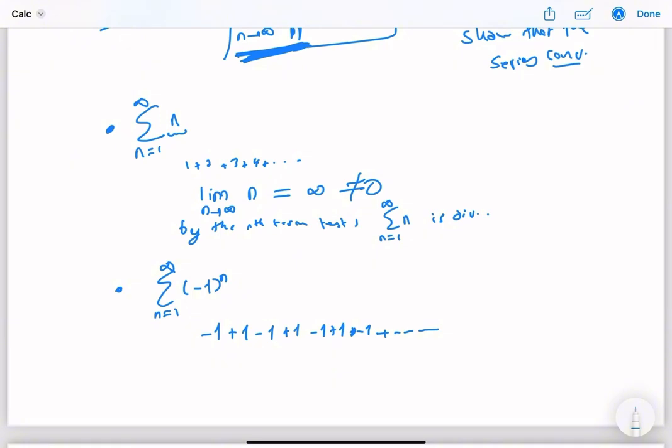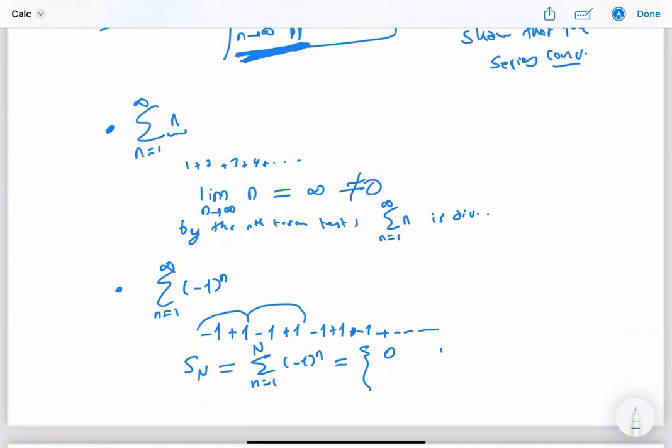So if you consider the partial sum, for example, S_N, the sum from n equals 1 to N of (-1)^n, you see that if we add an even number of terms, like 2 terms, you get 0. If you add 4 terms, you get 0, right? Every time you add an even number of terms, you get 0, because every minus 1 and 1 will cancel with each other.